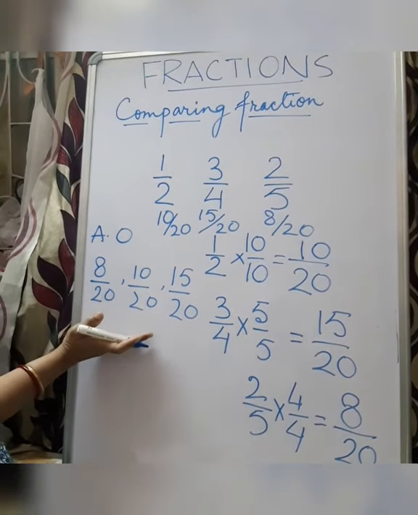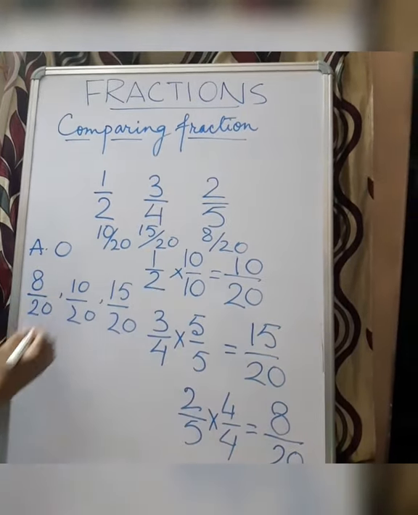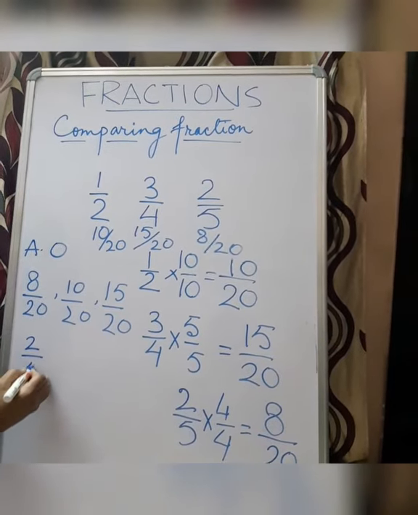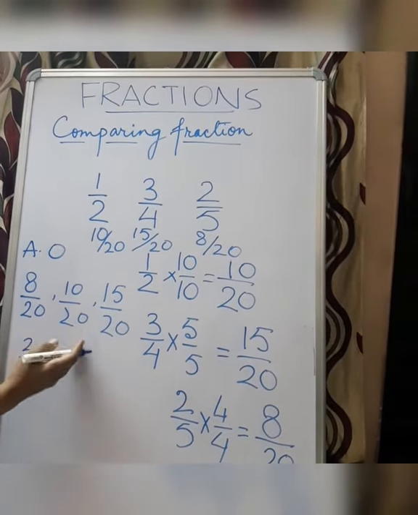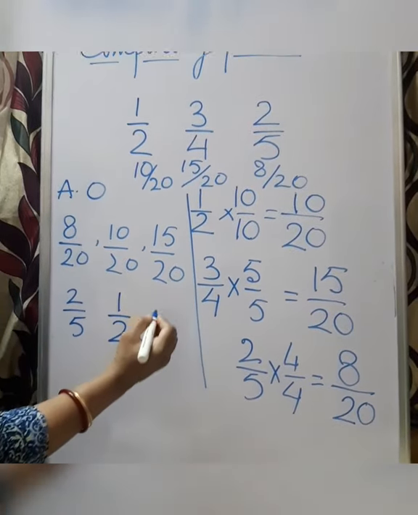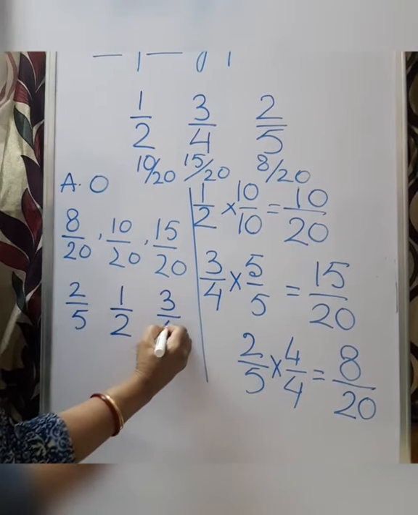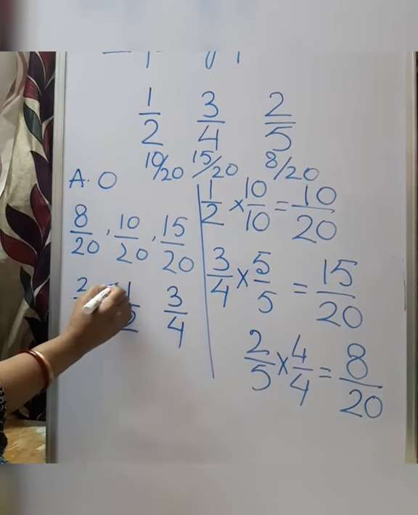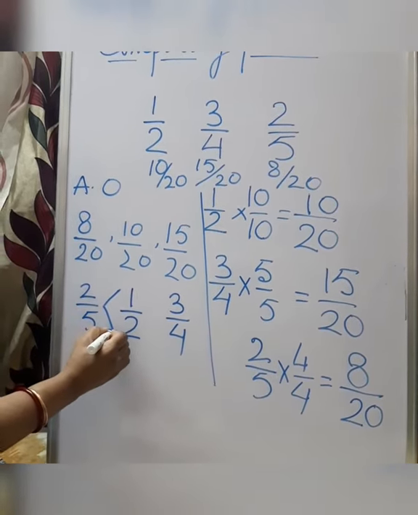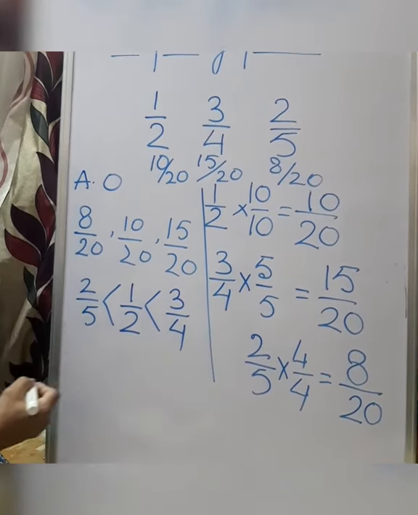We have to actually put the original fractions in the answer. So 8 by 20 represents 2 by 5, 10 by 20 represents 1 by 2 and 15 by 20 represents 3 by 4. So in ascending order, 2 by 5 is less than 1 by 2 and 1 by 2 is less than 3 by 4.